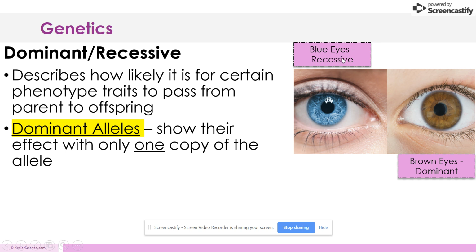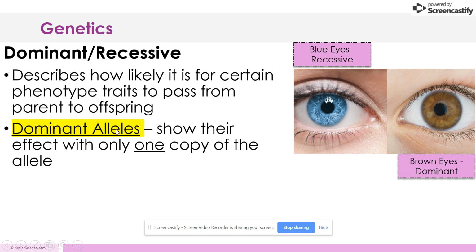Okay, well, just looking at this, not knowing anything specific about their genotype, we see here that brown eyes is dominant, blue eyes is recessive. So if you get one trait from mom and one trait from dad, you're going to get a trait for blue eyes from mom and a trait for brown eyes from dad.